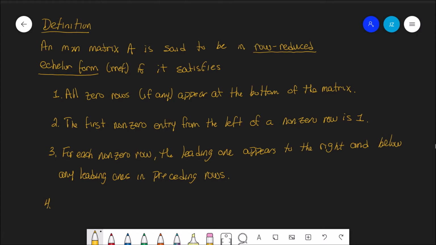Finally, if a column contains a leading one, then all other entries in that column are 0.